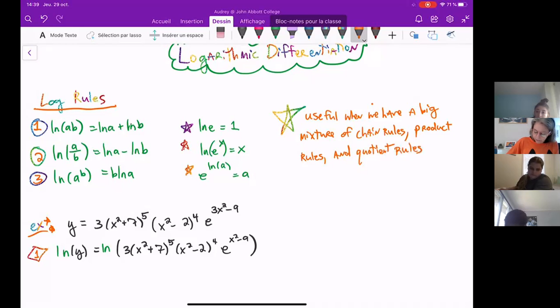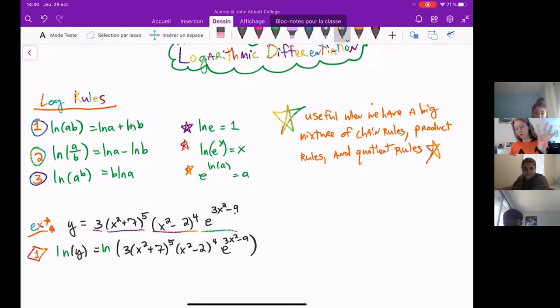So if I just had 3 times x squared plus 7 to the 5th times x squared minus 2 to the 4th, it might make sense to just do the derivative. It's one simple product rule. It's a derivative that you guys would be comfortable with, that you've seen a lot. But how many things am I multiplying together here? Really, I'm multiplying 4 things together.